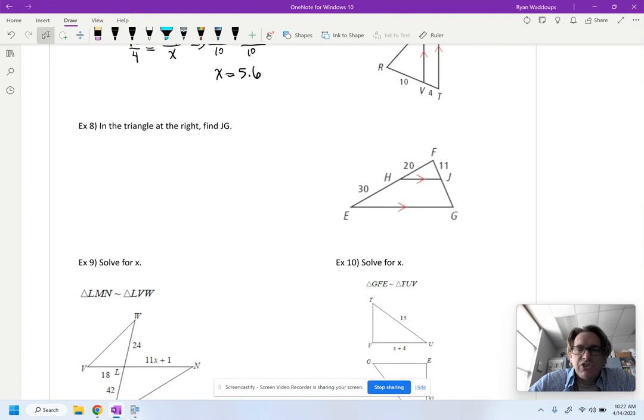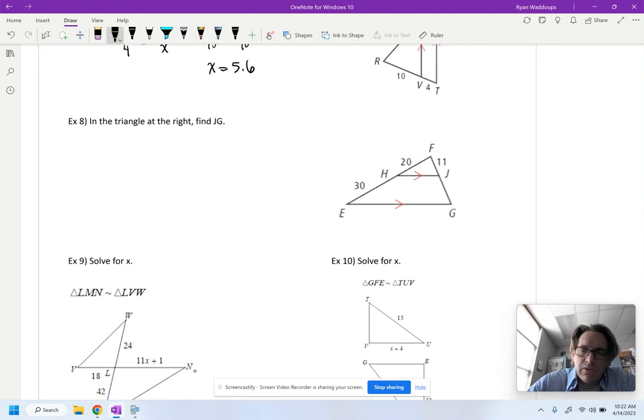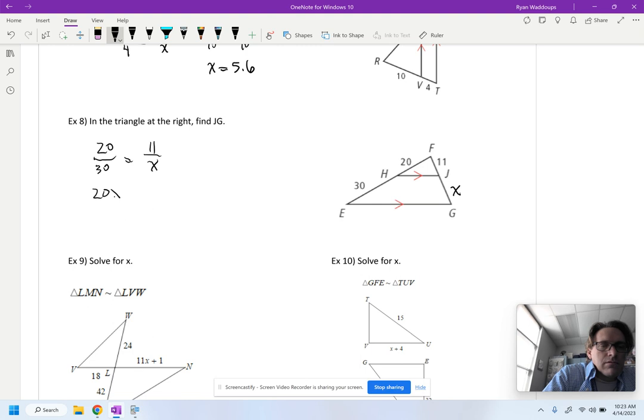In the triangle at the right, find JG. JG, once again, we're going to write that as X. So 20 is to 30 as 11 is to x. 20x is equal to 11 times 30.